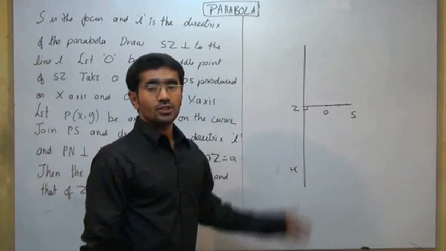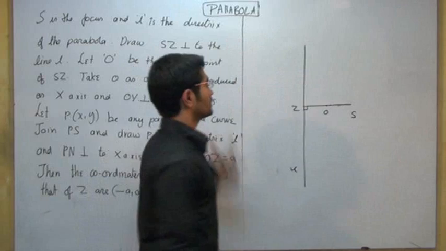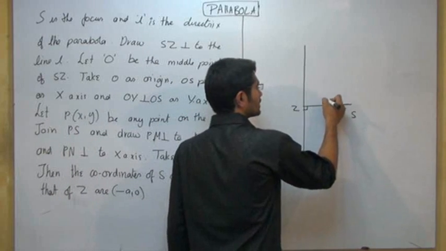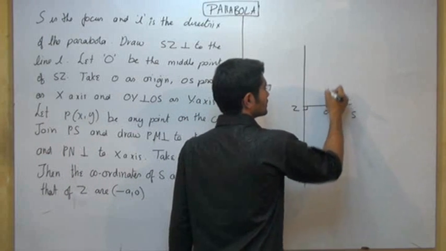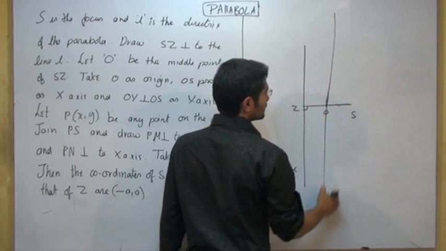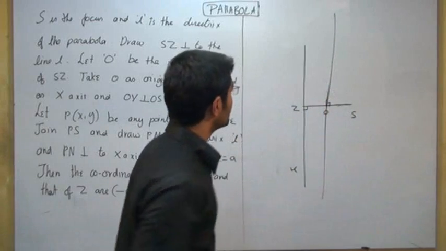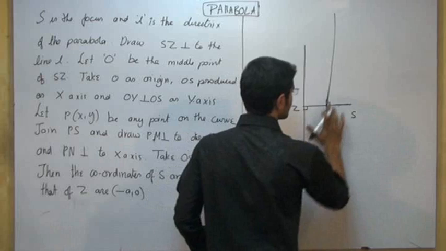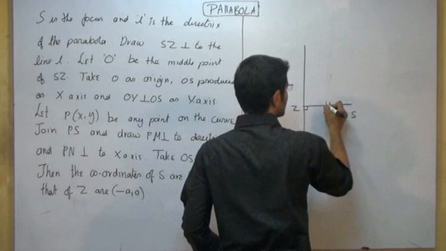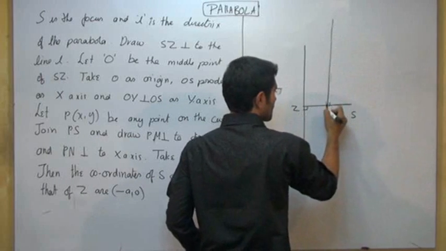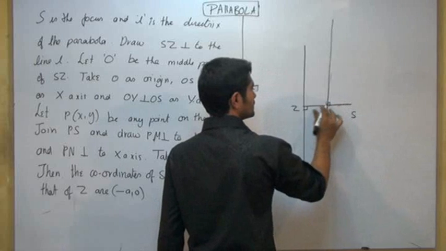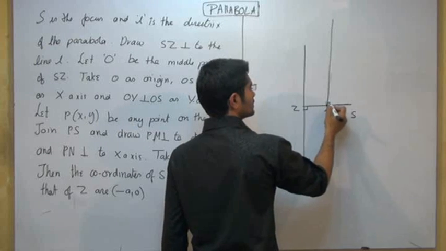Now what to do? Draw a line perpendicular through O, which goes like that. That's a line which is perpendicular to SZ, through O. Very simple.